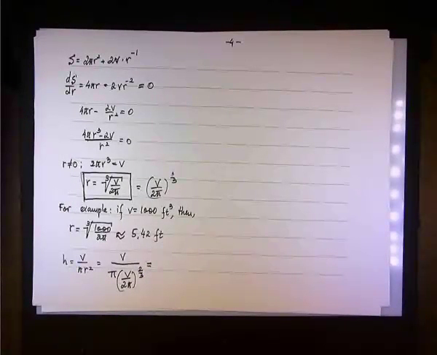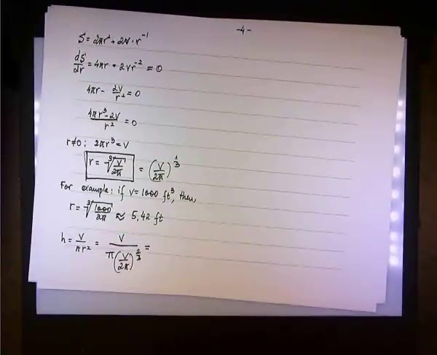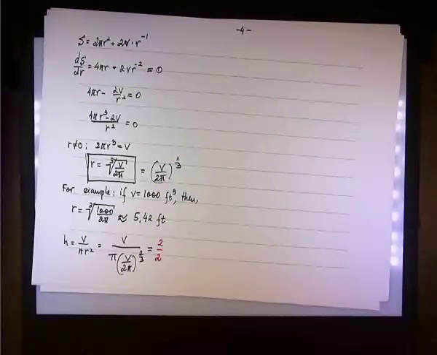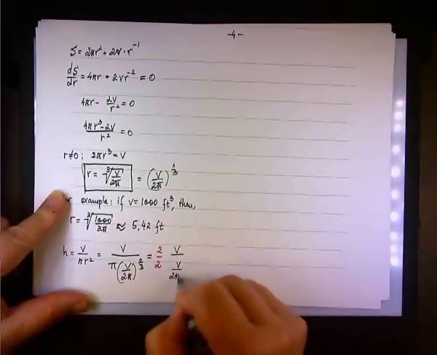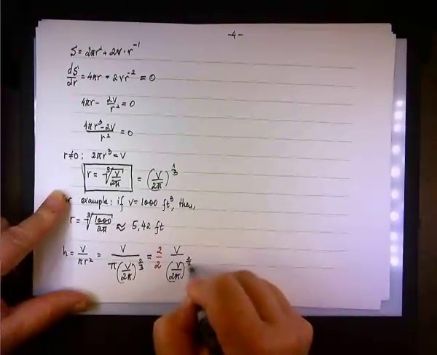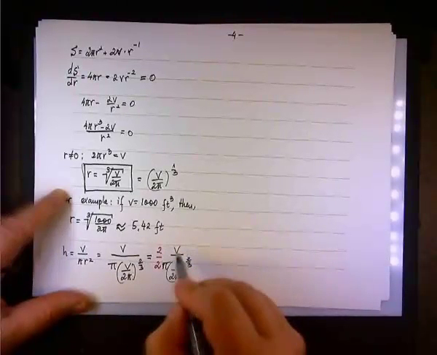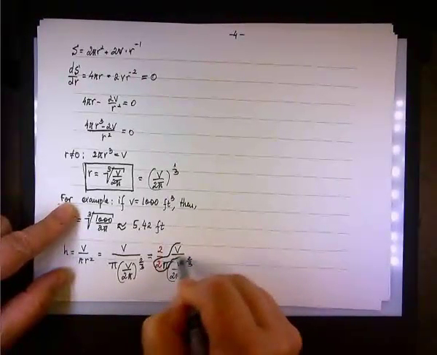Let's see how dirty I can get here. I want to have V divided by 2 pi also here. So what I'll do, I'll multiply and divide by 2, and you'll see why in a minute. And I have V over V divided by 2 pi to the 2/3. There is a pi here still. Do you see that V over 2 pi?